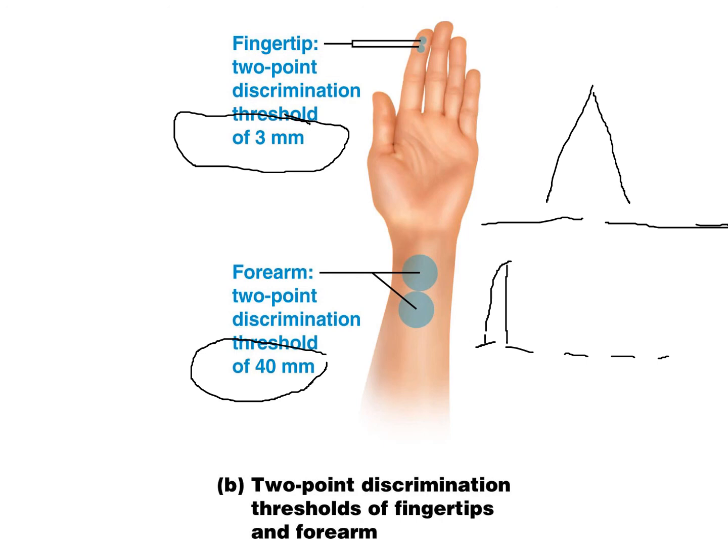Of course, any smaller than this, and you will not realize there are two points anymore. So the two-point discrimination is the minimum distance at which you can resolve two points, and this gives an estimate of the relative receptive fields. And this concludes a general introduction to these receptors.